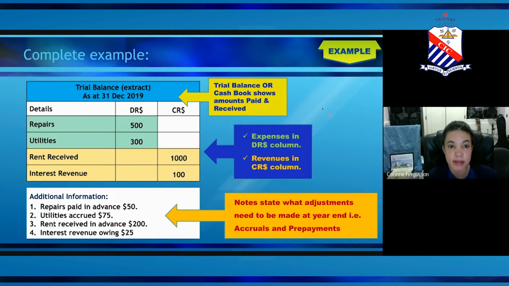So once again, trial balance tells you the amount paid and received, and the additional information or the notes tell you if there are any adjusting entries that have to be taken into account, any accruals or prepayments.